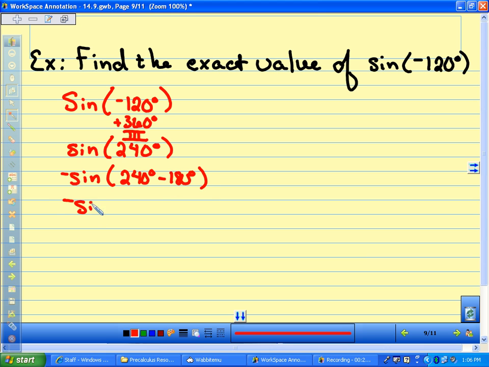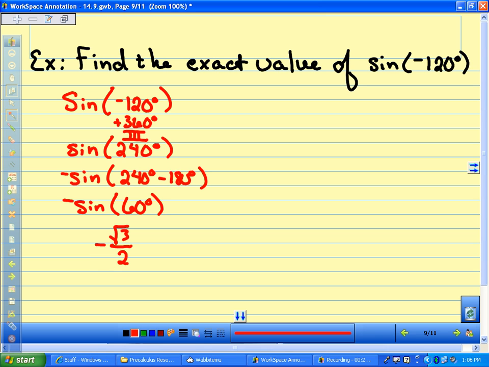So we've got the negative sine of a 60-degree angle. The negative sine of a 60-degree angle. Well, do we know the sine of a 60? Absolutely do. What's the sine of a 60? Radical 3 over 2. We just need to tag on the negative. Negative radical 3 over 2.